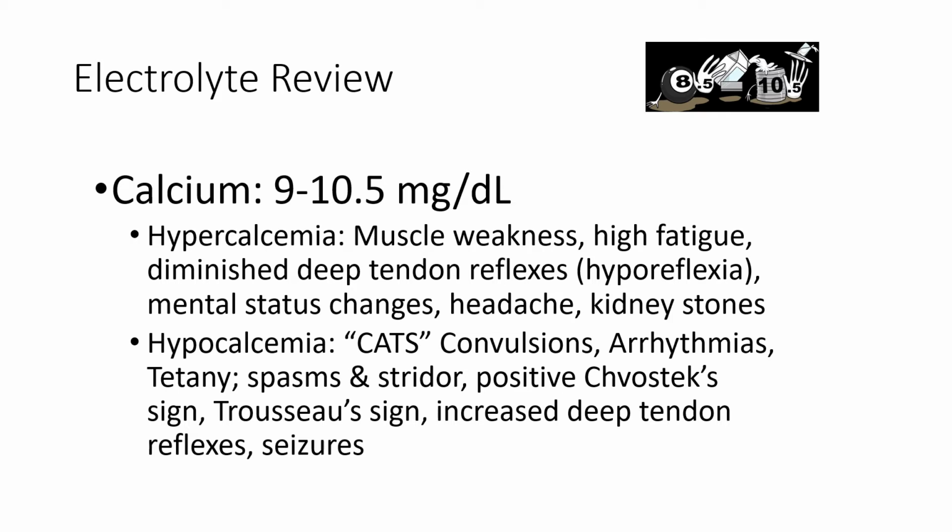Positive Chvostek sign and Trousseau sign will come to mind, and increased deep tendon reflexes. Okay, so the nervous system is actually becoming very irritable and twitchy, with muscle spasms, seizures, and increased deep tendon reflexes, compared to hypercalcemia.